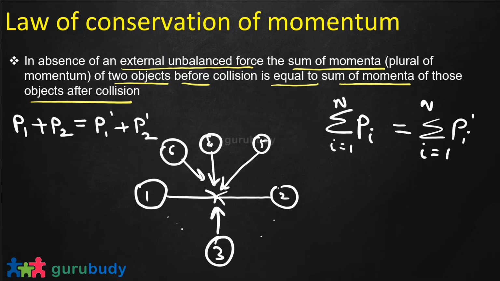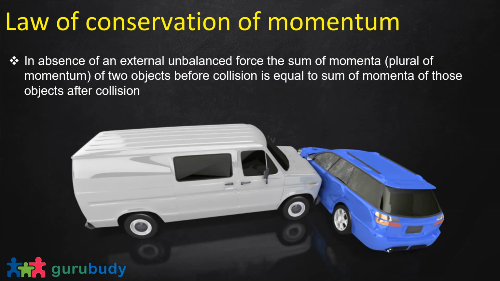Let's look at one example here. We know about collisions between cars. So this car, let's say, is moving with momentum p1 in the east direction, and this car is moving with p2 in the north direction. Remember, the direction is important because momentum is a vector quantity.